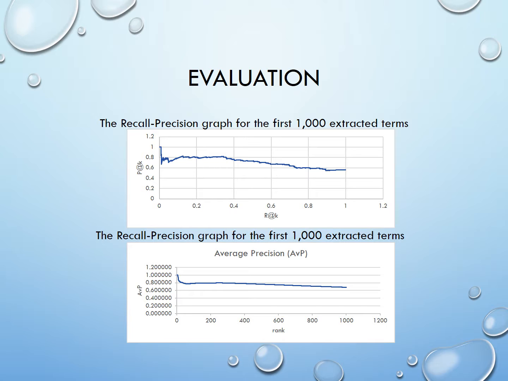And then you can come up with a recall precision graph for the top n terms, and here we have it for the first 1,000 extracted terms. It shows that it jumps a bit, but then it's more or less steady after a while.